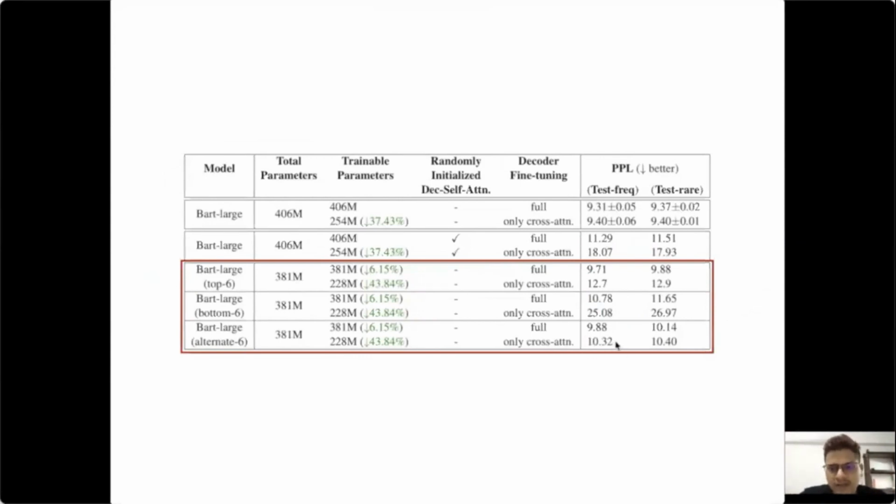And we believe that this opens a lot of avenues for efficient training. Now that we have some conclusive evidence that maybe we can keep self-attention fixed for different applications, we believe this will be an interesting direction to look at in the future.